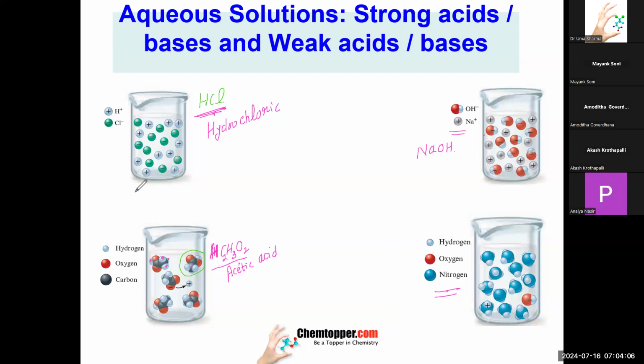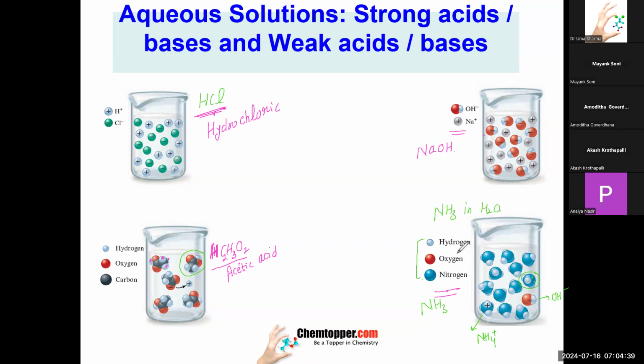Oh, come on, Mayank. What are you doing? Look at the picture, the color code. What is this? It's NH3, this one. What is this? It's NH4 plus. What is this? It's OH minus. So basically it is ammonia in water.